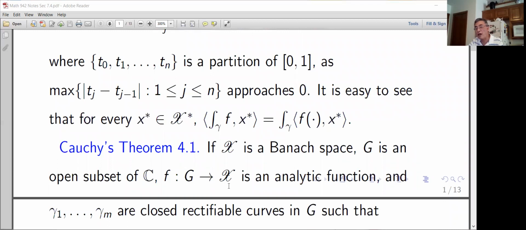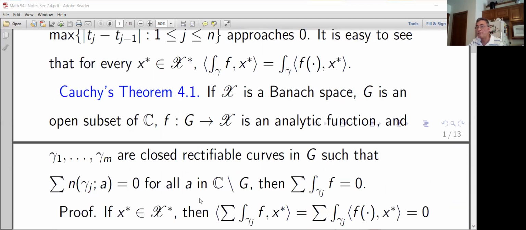And gamma 1 through gamma m are closed rectifiable curves in G, such that the sum of the winding numbers with respect to a is 0 for every a in the complement of G. Then the sum of the integrals over gamma j of f is equal to 0. This is called Cauchy's theorem.